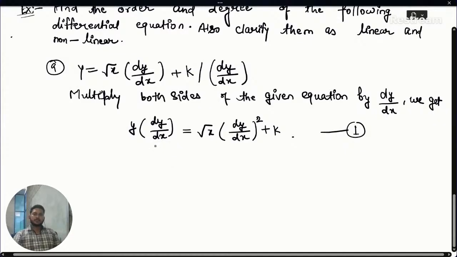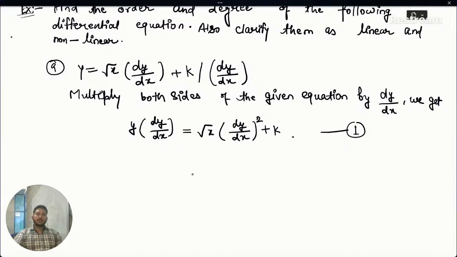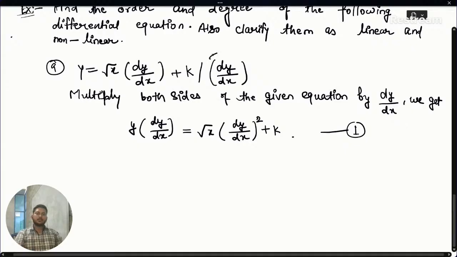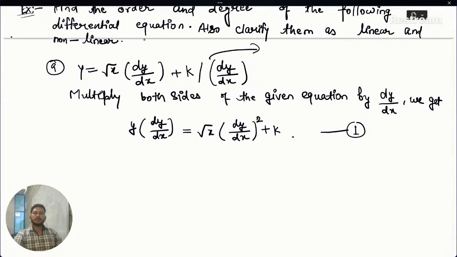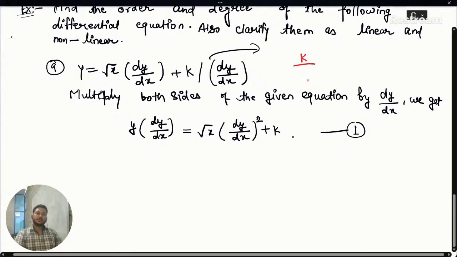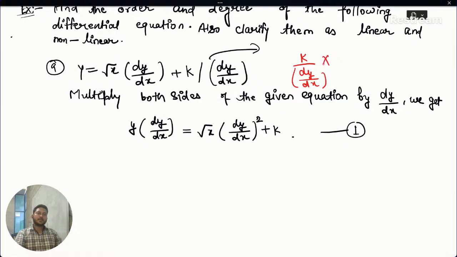When we multiply both sides by dy by dx, it comes like this. Here the equation is written as dy upon dx, and when you multiply by dy upon dx, it cancels out, so only k remains here.